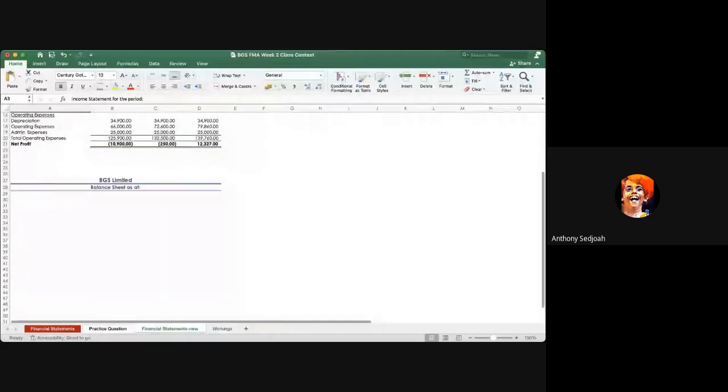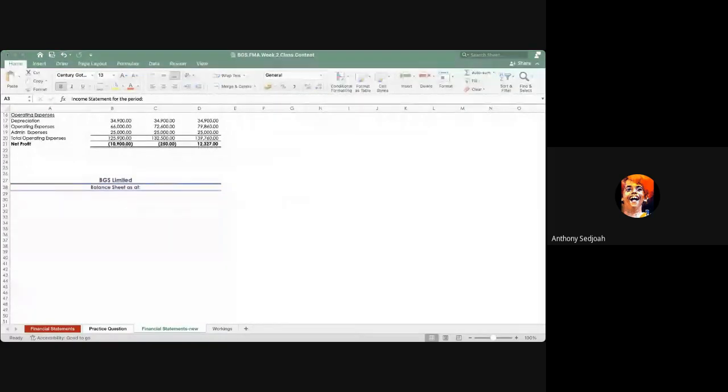Does anyone know why? Okay, please speak up, Eden. The balance sheet summarizes the assets and liabilities at a specific point in time. But the profit or the loss is for a specific period and not as at a specific point in time.